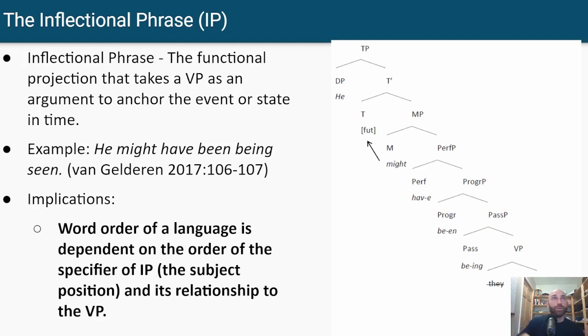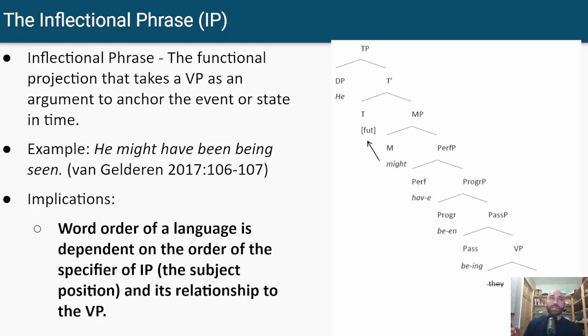For example, it could move to C, as we'll see a little bit later, or maybe the specifier of the tense phrase is actually unoccupied and the subject starts lower and never makes its way up to the specifier. So this is where the whole discussion of subject, verb, object, this is where all of that comes into play.